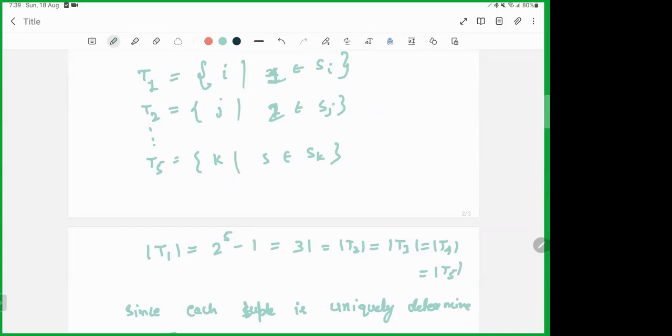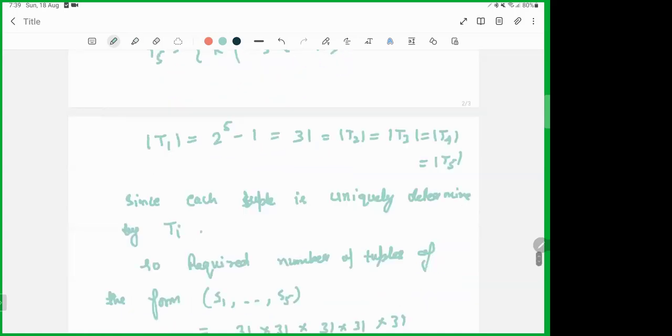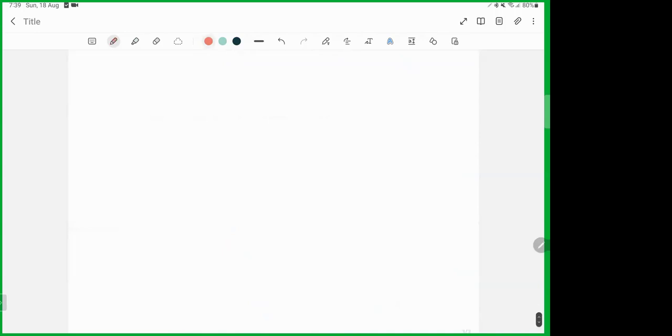Okay, fine. Now let's do the same question, but change the condition. So the question is the same. This is the second question.